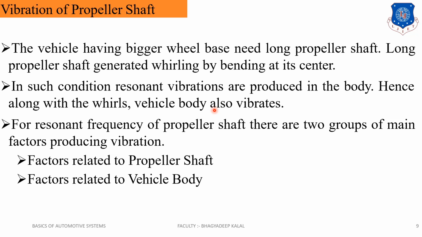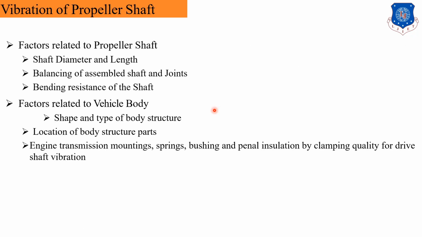For the resonant frequency of the propeller shaft, there are two groups of main factors producing the vibration: factors related to the propeller shaft and factors related to the vehicle body. Let me understand the factors related to the propeller shaft: the shaft diameter and length, which depend on the propeller shaft design, the balancing assemblies and shaft joints, and the bending resistance of the shaft.